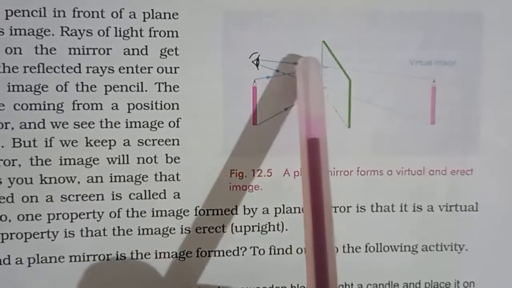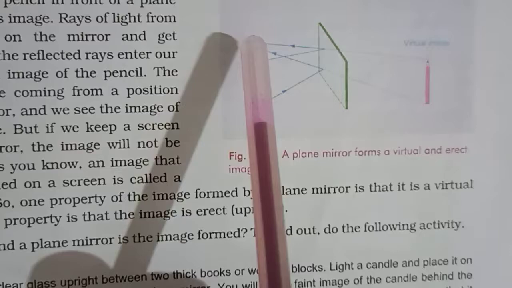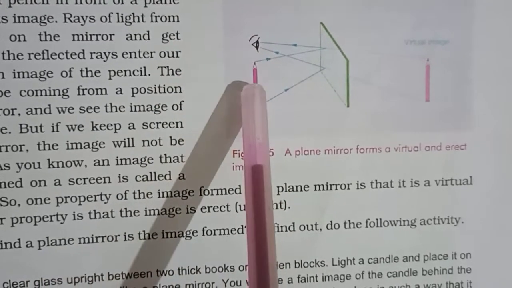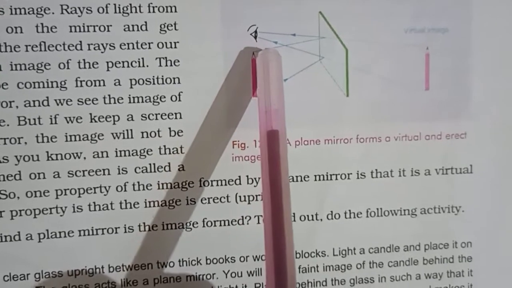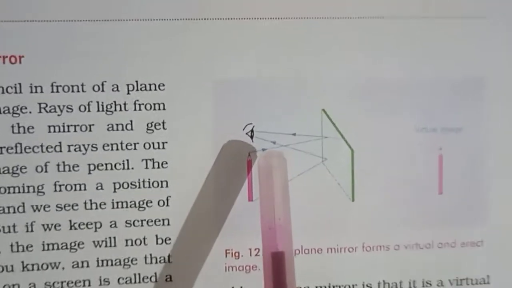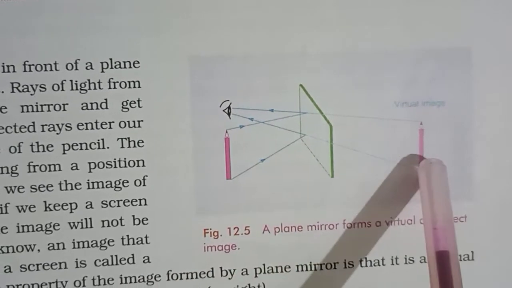When the reflected rays enter into our eyes, we see an image. The rays which we are seeing with our eyes appear to us as if they are coming from this place.